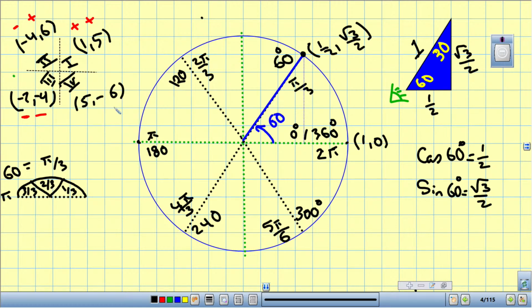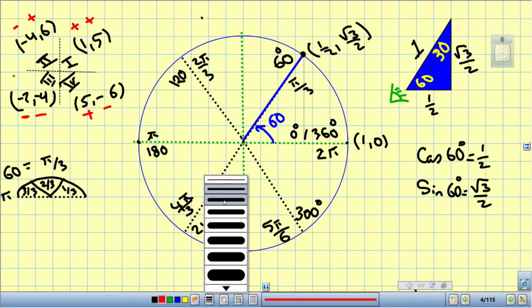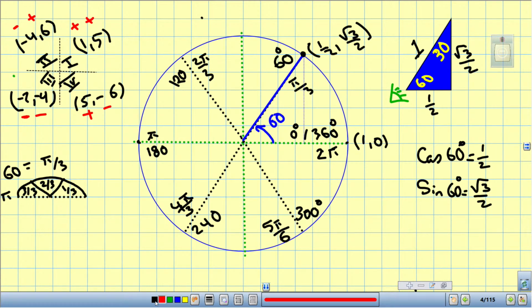Okay, so that's the point here. Let me just make this: 5 comma negative 6, meaning every cosine, every x value is going to be positive. Every y value, or sine, is going to be negative. So we do have a mnemonic for this in math. If you recall, last time we came up with a general idea. It goes like this: A, all of them are positive. S for student, only sine is positive.